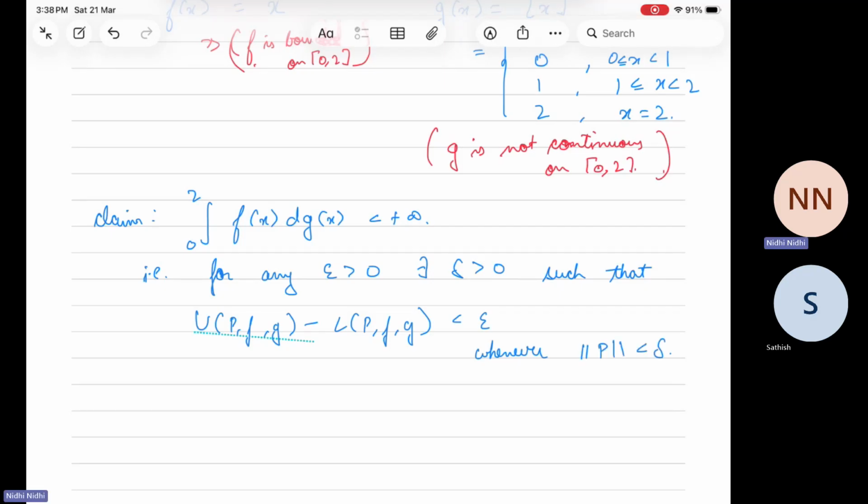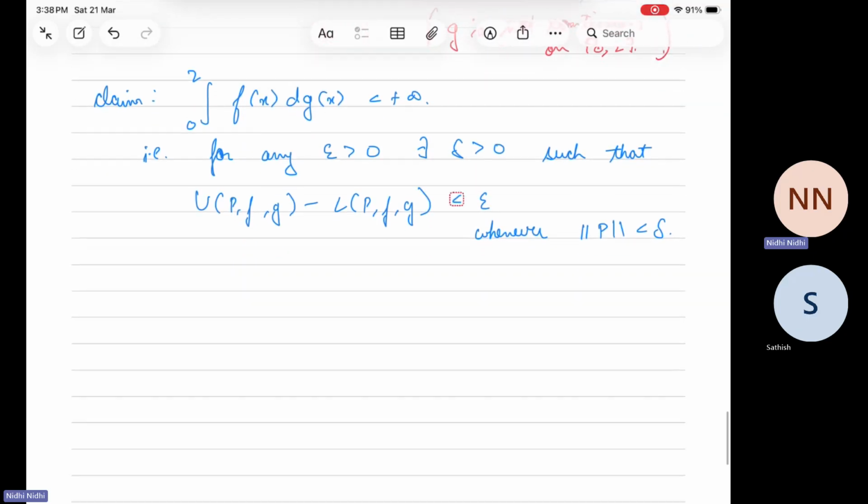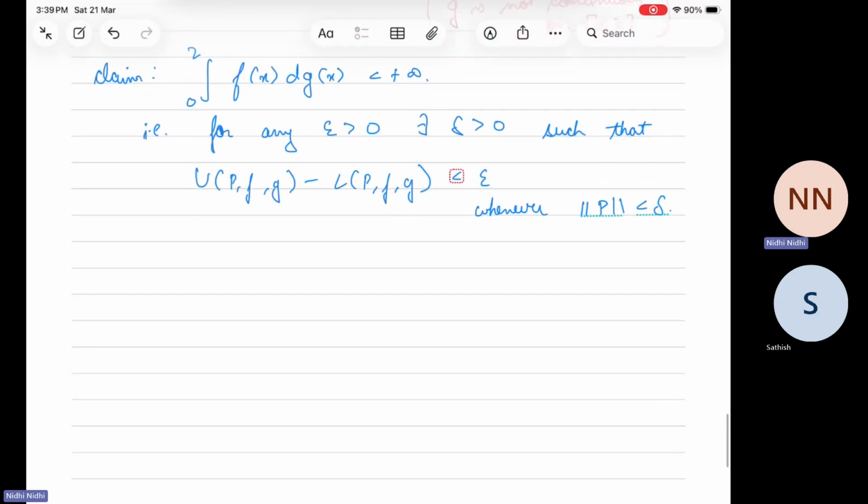Whenever P is a partition such that its norm is less than delta, in that case this U(P, f, g) minus L(P, f, g) can be made as small as we want. So for this specific example of f and g, let's calculate our U(P, f, g) and L(P, f, g).